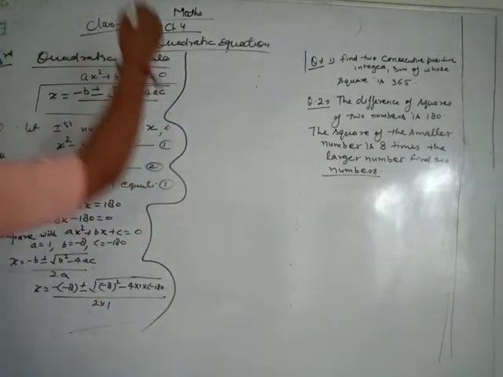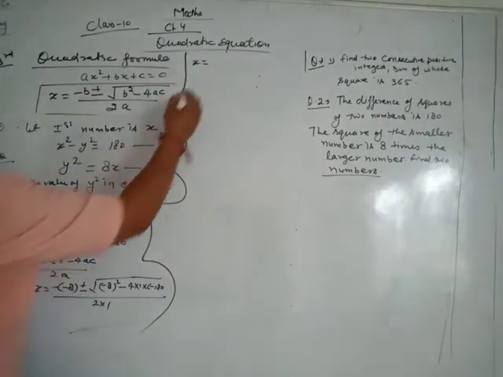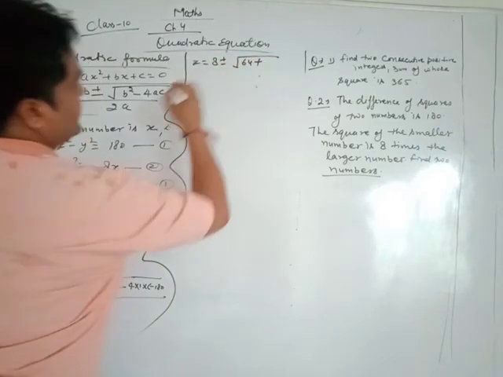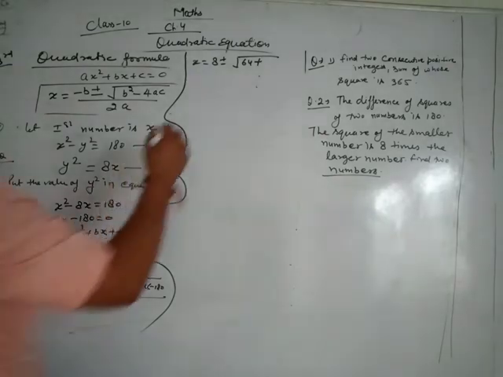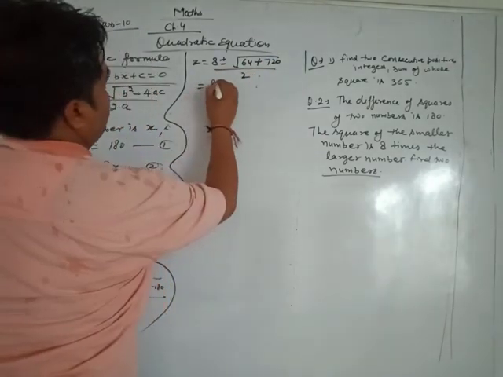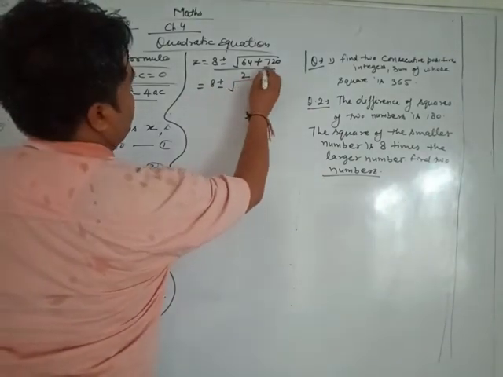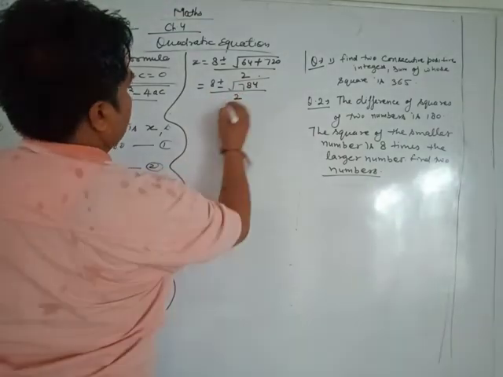So now x equal to 8 plus minus root 64 plus 720 by 2, equal to 8 plus minus root 784 by 2.